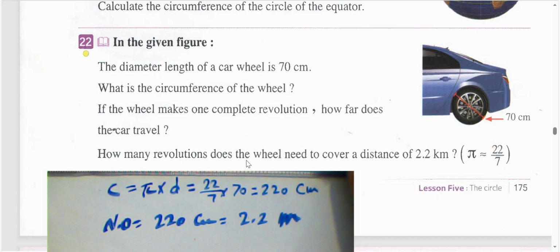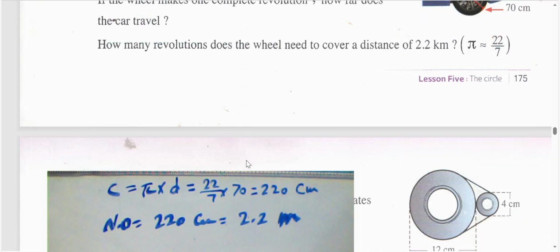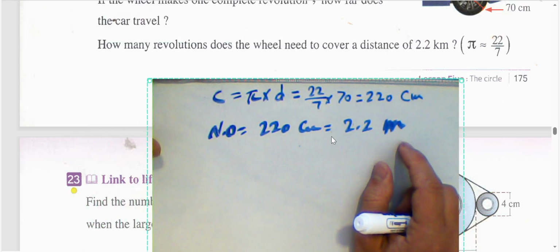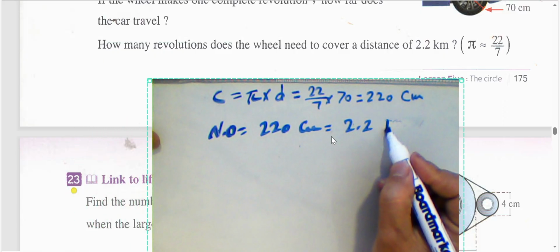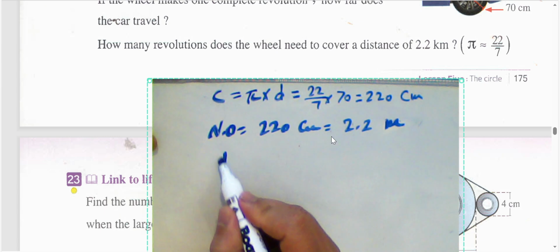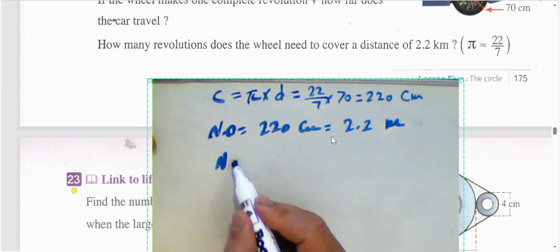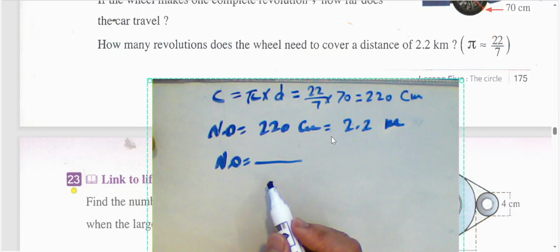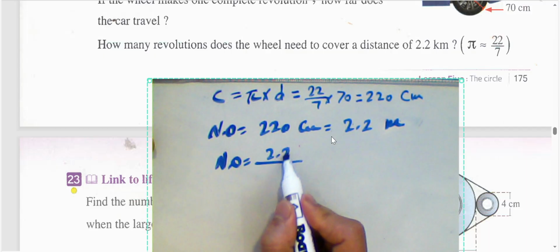How many revolutions does the wheel need to cover a distance of 2.2 kilometer? Who can tell me? We want to find the number of rotations. The number of rotations will be what? We can write the long distance, 2.2 kilometer.